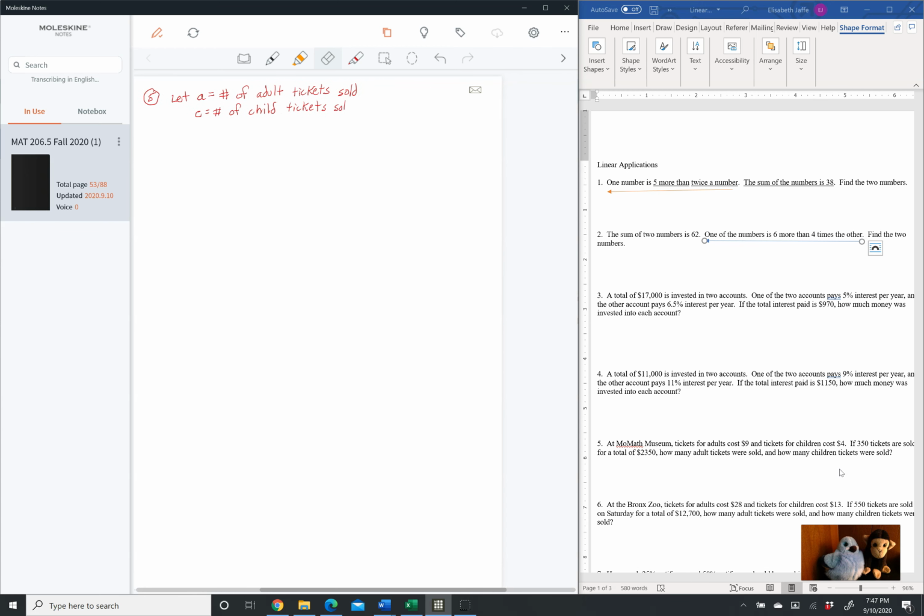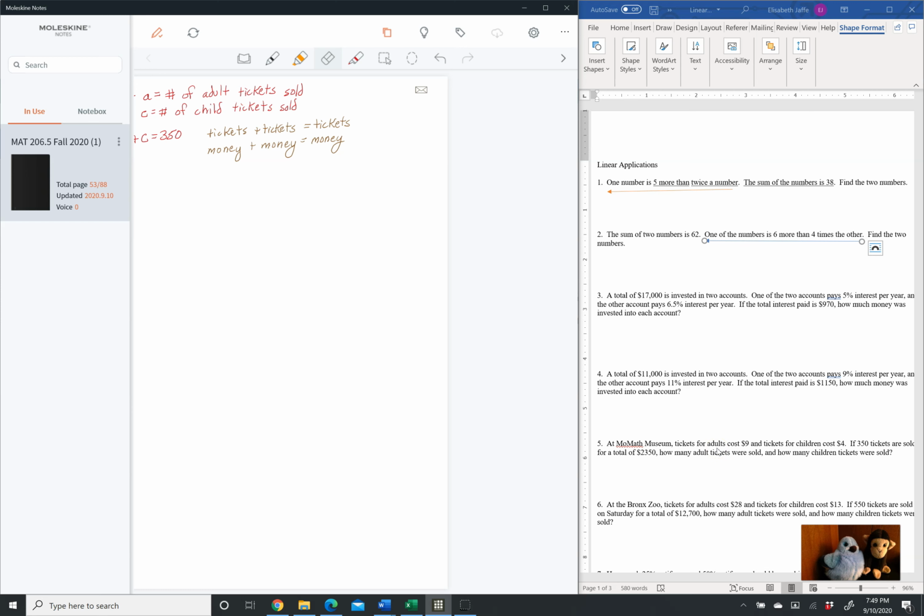The second equation is money plus money equals money. Right? The second thing that we're told is stuff about money. So all of the stuff about money stays together. So think about it. It tells you the cost of adult tickets and it tells you the cost of children's tickets. So how much money did we make in total from the adult tickets? Well, each adult ticket is $9. And we have A adult tickets.